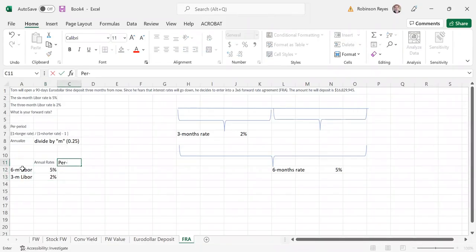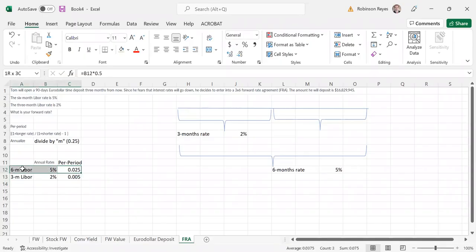So we can then calculate something that we will call per period rate. Because this is a 6 months rate, let's multiply this by 0.5. And because this is a quarterly rate, let's multiply this by 0.25, right? Or we're dividing this one by 2 and this one by 4 in simpler terms.